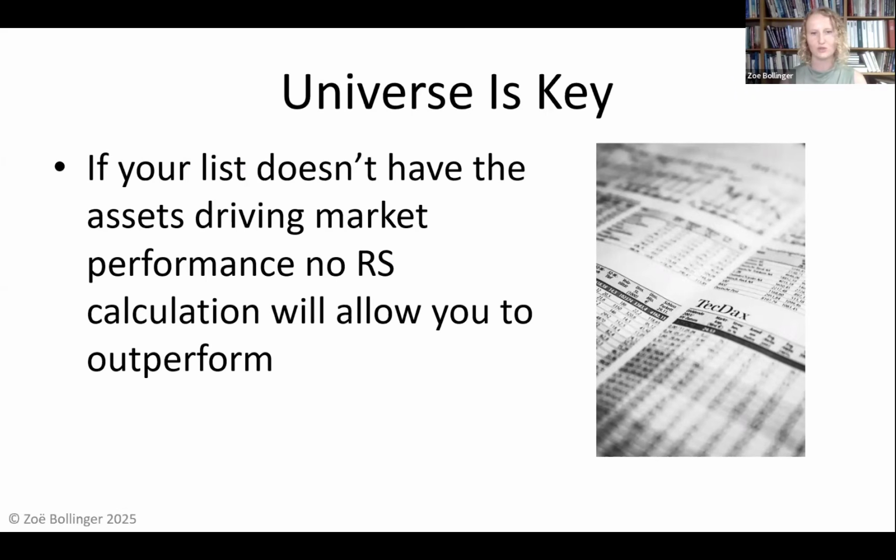So a lot of people go straight to the calculations, go straight to the portfolio construction. But the piece that you really don't want to rush through is thinking about what list you're going to trade from. Can be an index, can be a sector, can be something that you put together yourself. But this is really crucial.